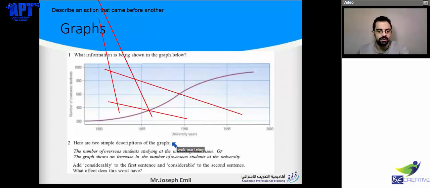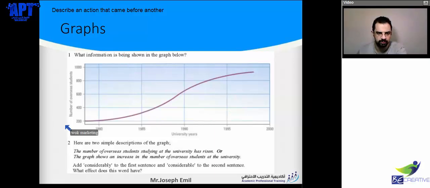But when you take a look at the comparison between 1980, in which only 200 students studied, and 1995 maybe, above 800, that's a 4-time increase.